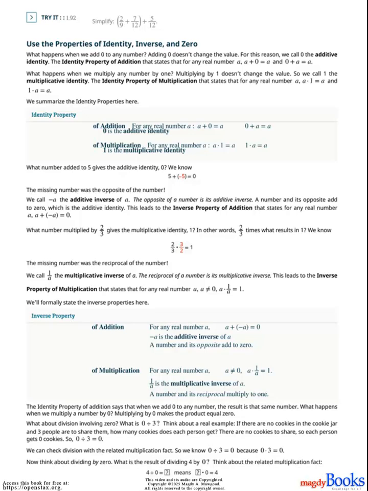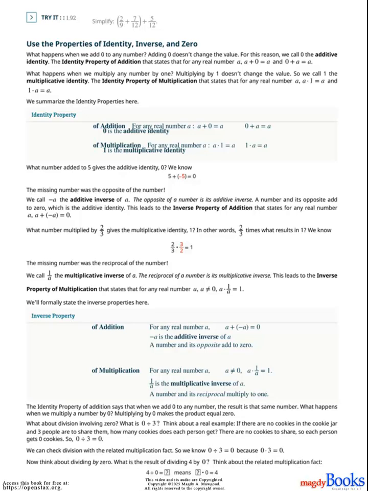The missing number was the reciprocal of the number. We call 1 over a the multiplicative inverse of a. The reciprocal of a number is its multiplicative inverse. This leads to the inverse property of multiplication that states that for any real number a not equal to 0, a dot 1 over a equals 1.